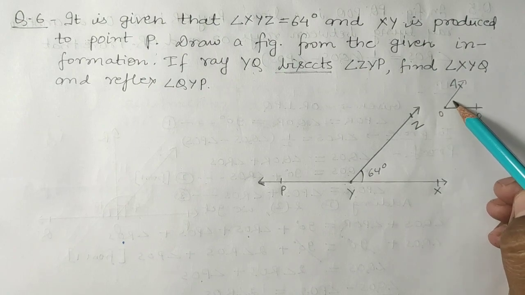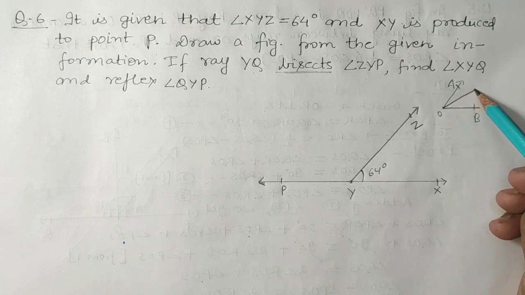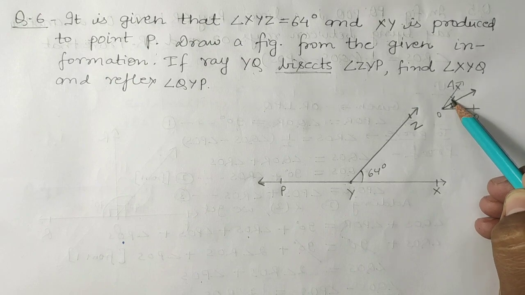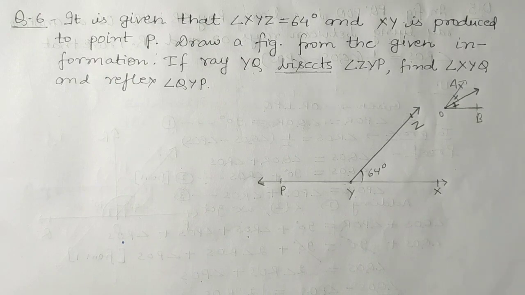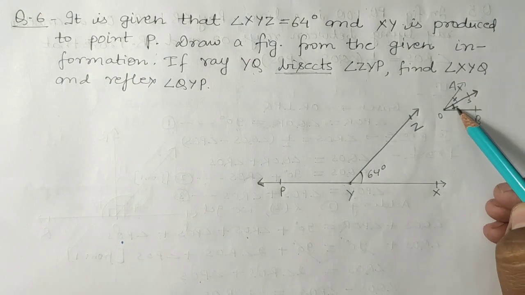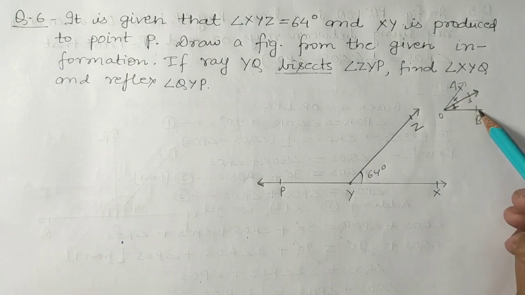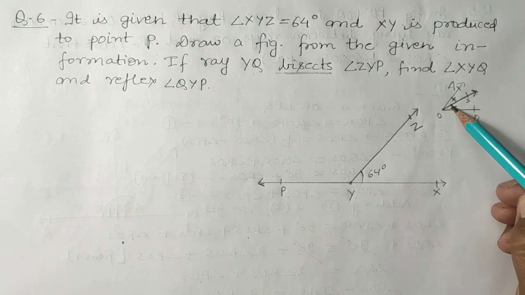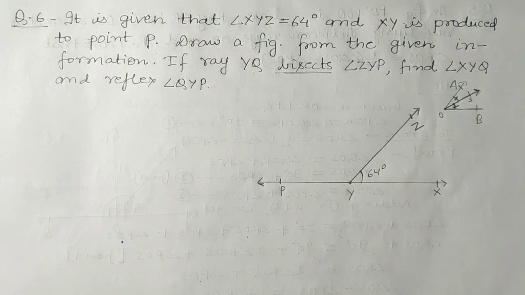It means there is a ray which bisects this angle, and this angle and this angle will be equal to each other. So OS is a ray which is bisecting angle AOB. The figure will be like this.